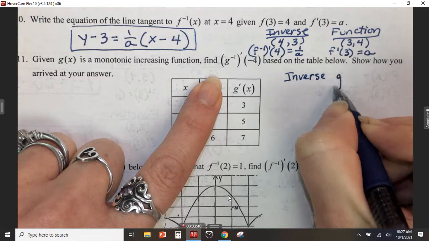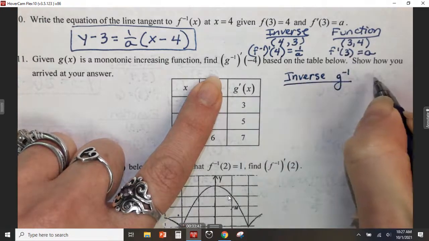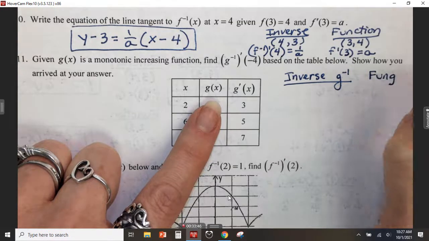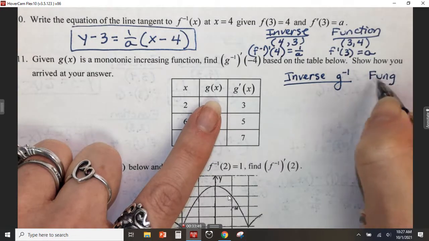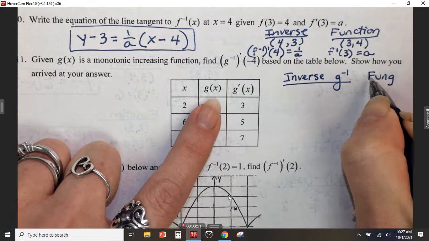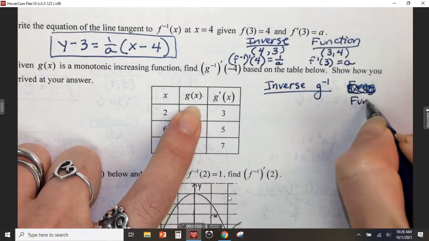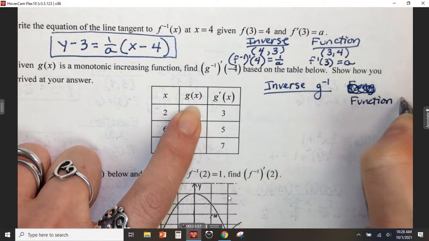function is g inverse. The original function for this problem, whoops, I tried to write function and g at the same time, so it turned into fung. Function is g.